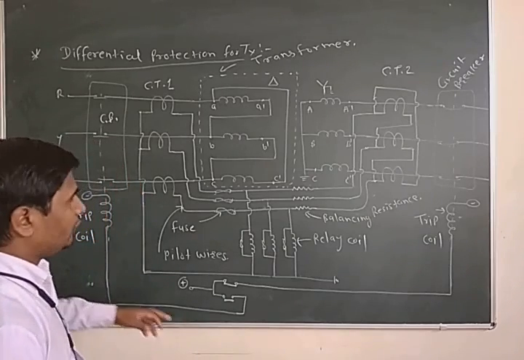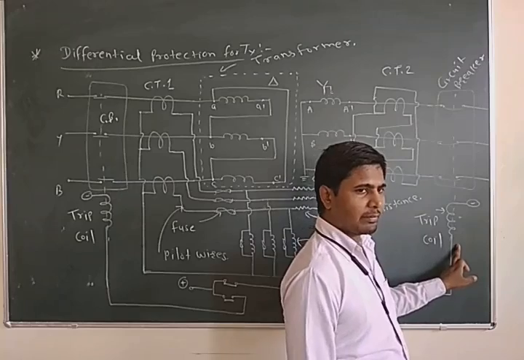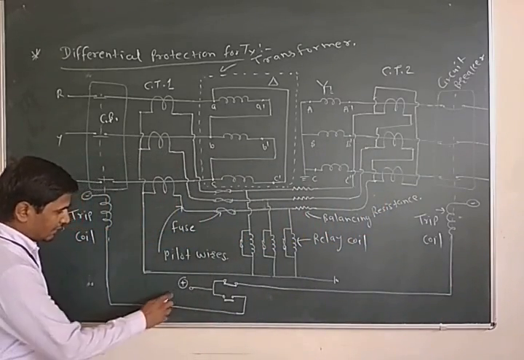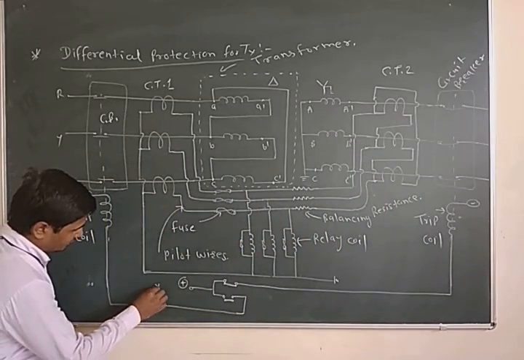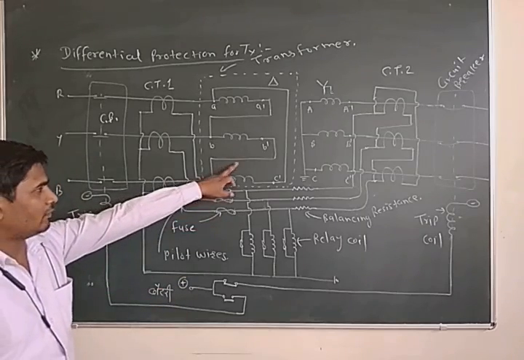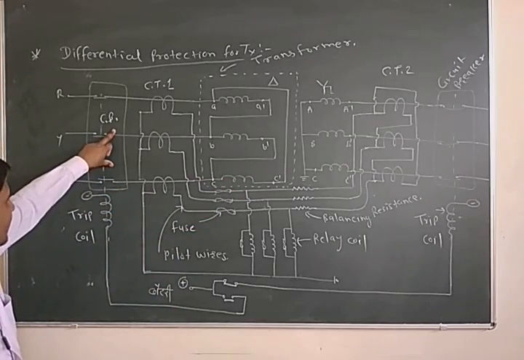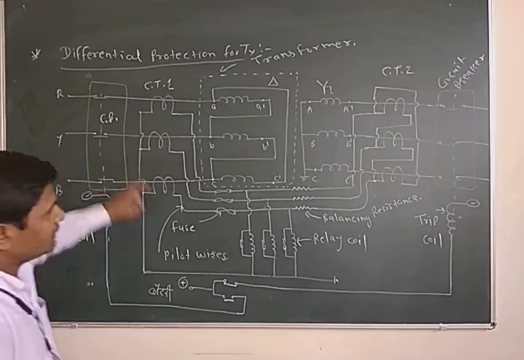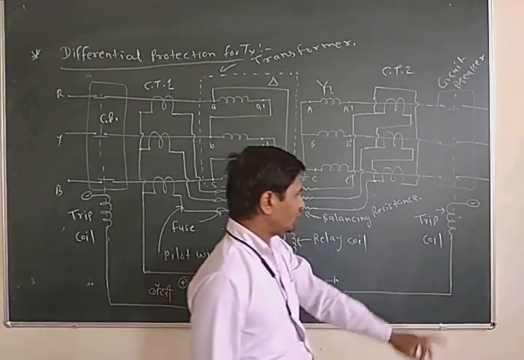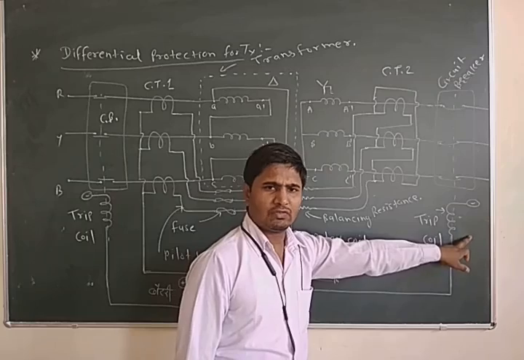Next we connect the circuit breaker, and this is the coil of the circuit breaker, which is energized with the help of a DC supply. So this is the battery. On both sides of the transformer we connect a circuit breaker: a circuit breaker at the primary side and a circuit breaker at the secondary side. So we use two trip coils, one for the primary side and the second for the secondary side.